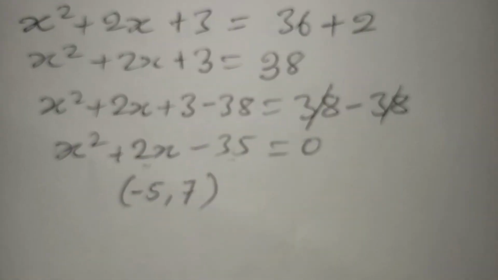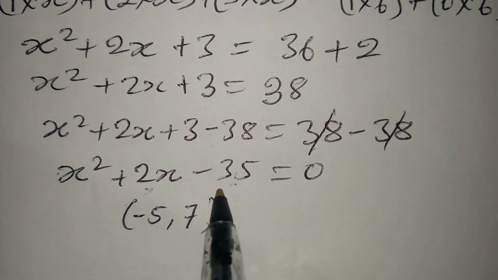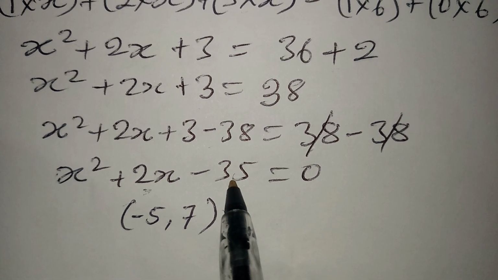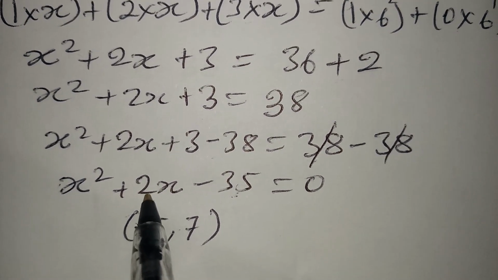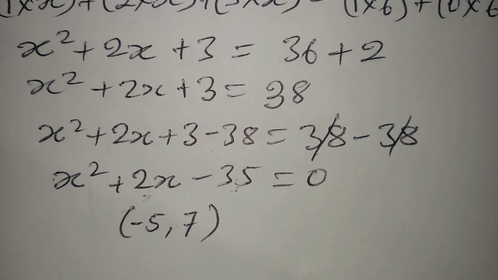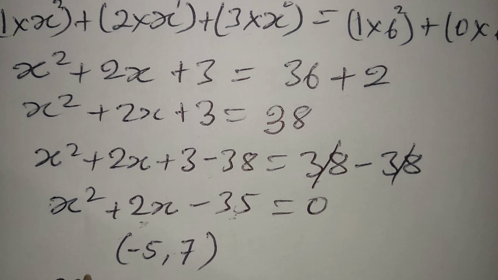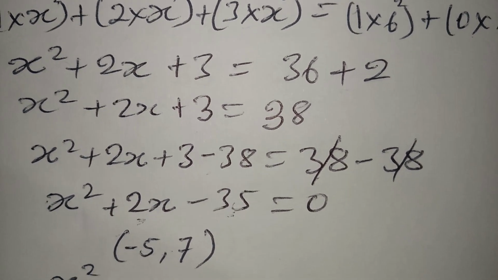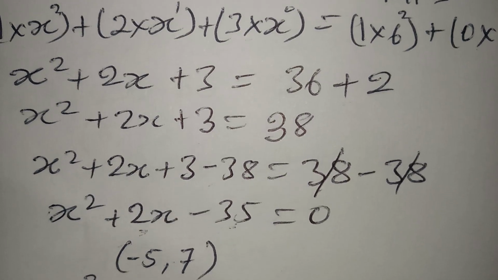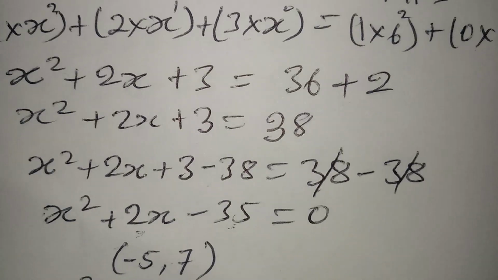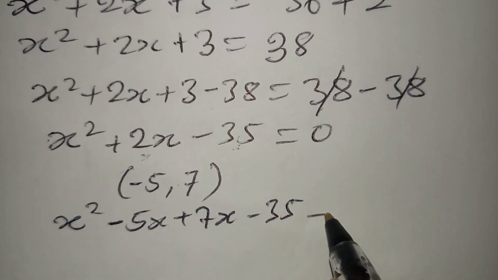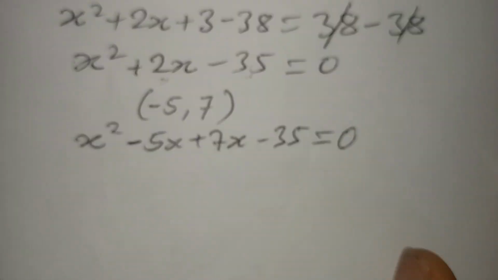Now with these factors, when you multiply them, you get negative 35, and when you add them together, you get 2. And so, by substituting them, we have x squared minus 5x plus 7x minus 35. This must be equal to 0.